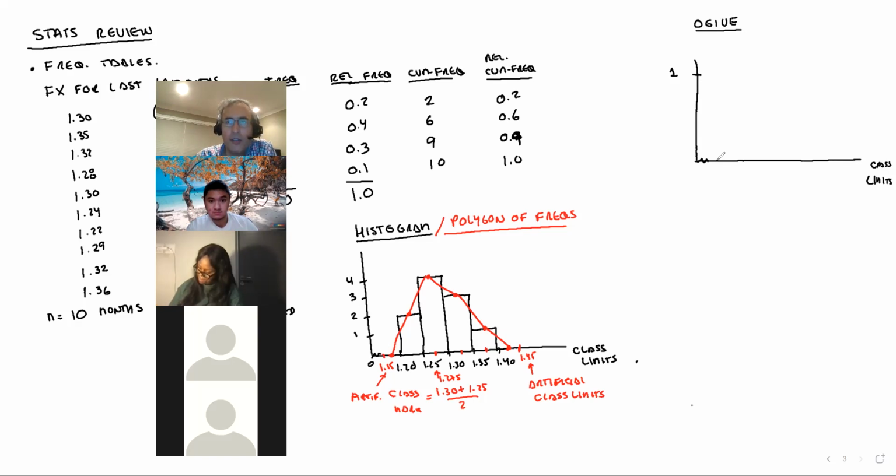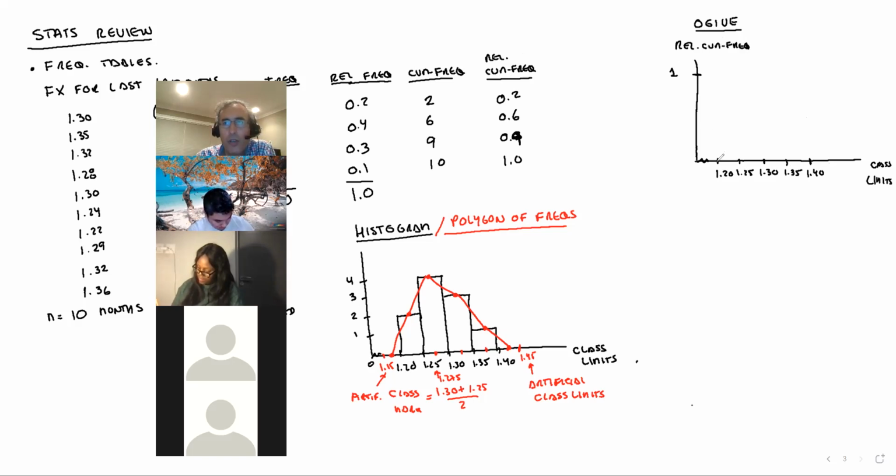So I start with 120, 125, 130, 135, and 140. Got it? And what we are going to represent, guys, is the OGIF, the relative cumulative frequency. So here I have my relative cumulative frequencies.